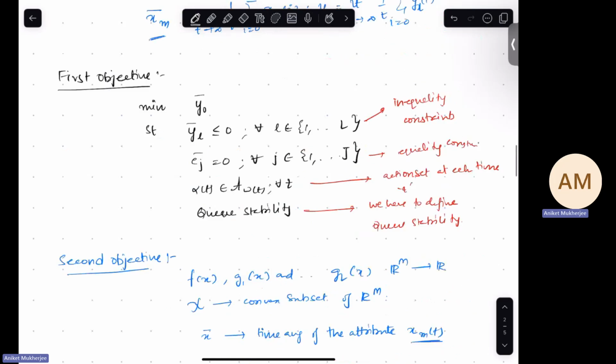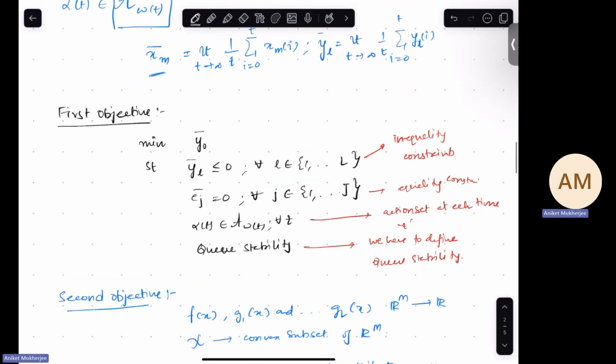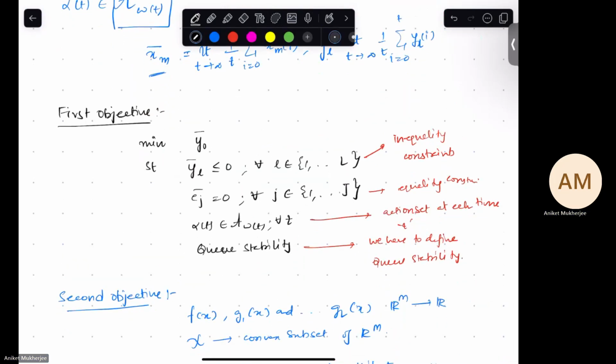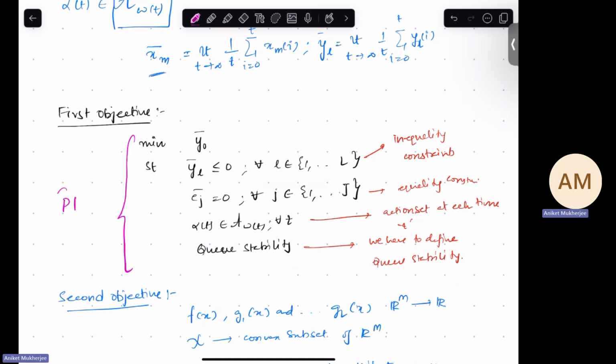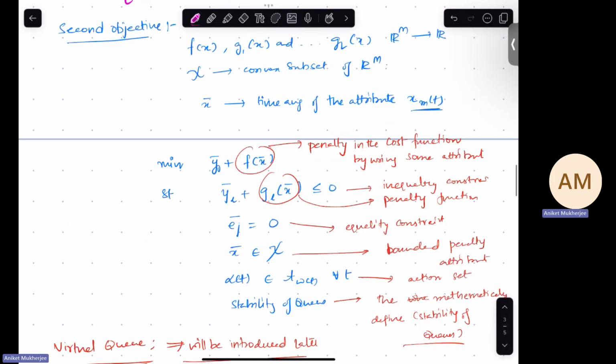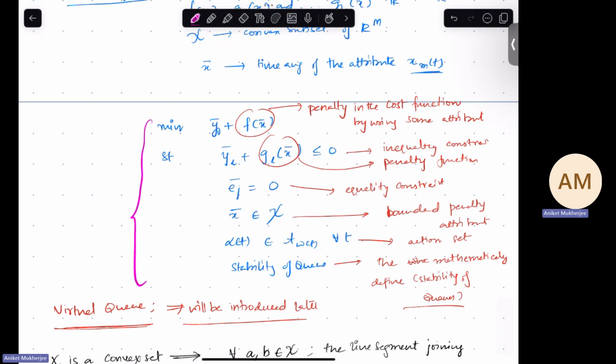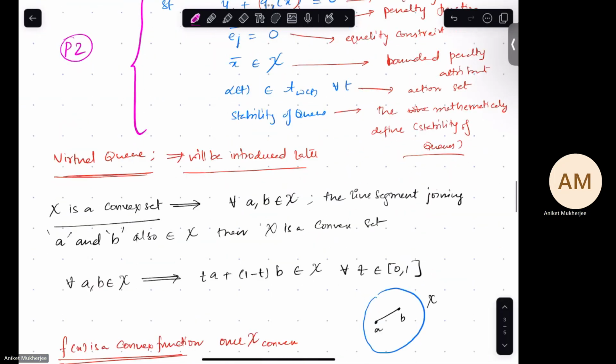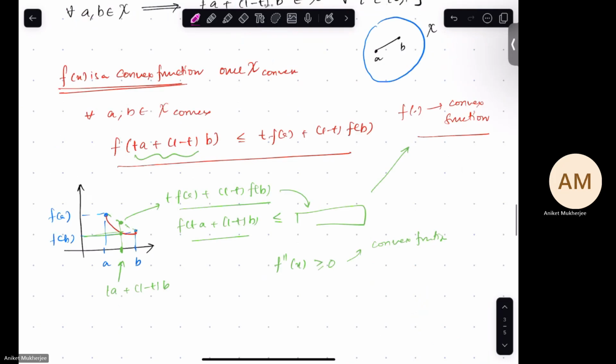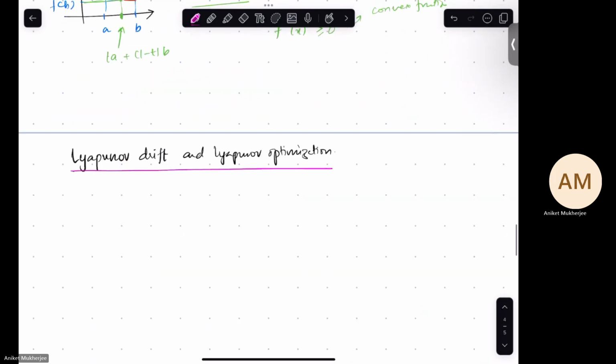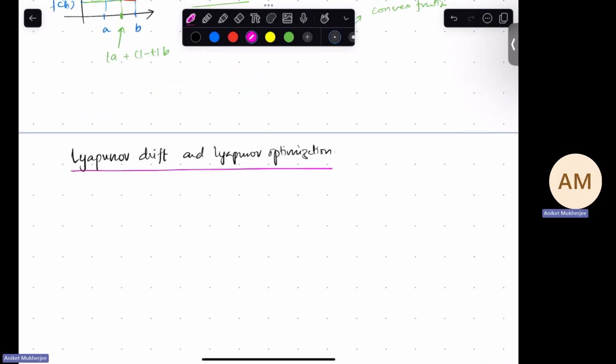Before that, I'll denote these two problems. This problem is problem 1, and this problem is problem 2. These two concepts I'll discuss clearly in the upcoming classes.